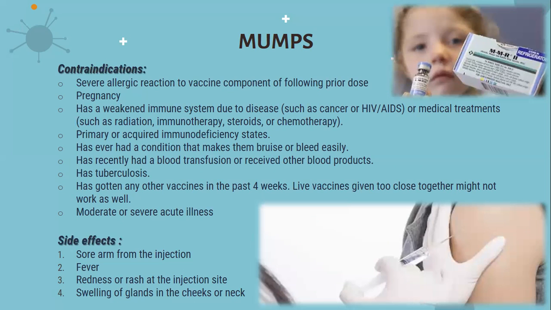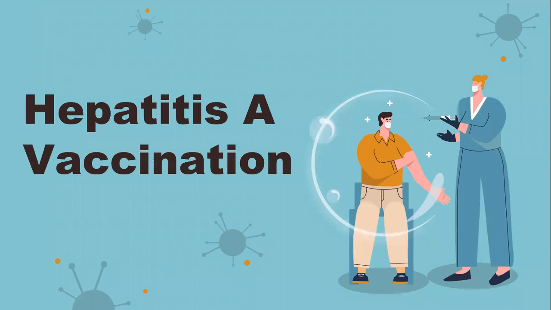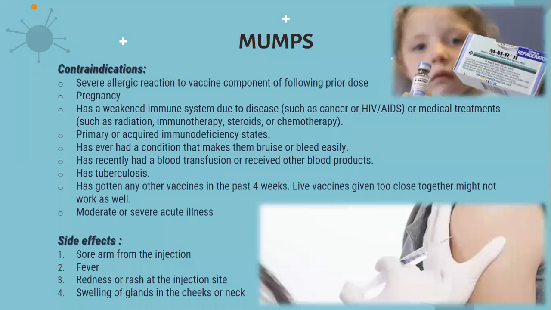So, side effects. Mumps vaccine side effects are sore arm from the injection, fever, redness or rash at the injection site, swelling of glands in the cheeks or neck. Fun fact, did you know na sa Ghana, yung country na Ghana is the top country by mumps, mataas na rates ng mumps sa kanila.